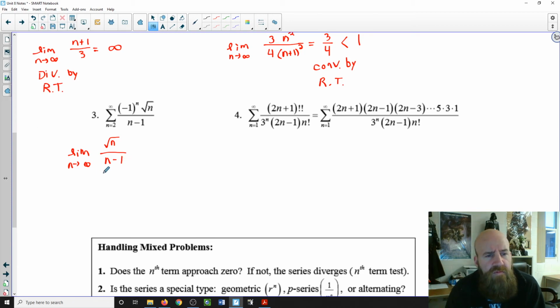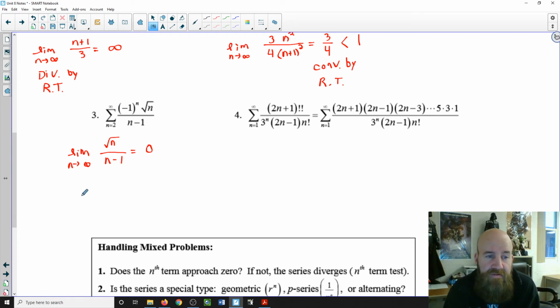Okay, so we're running the nth term test on just that part, remember. So plug in infinity, we could do some L'Hopital's, we just know that n is going to grow faster than square root of n. So this is going to end up being 0. So it is decreasing values and the limit is approaching 0.